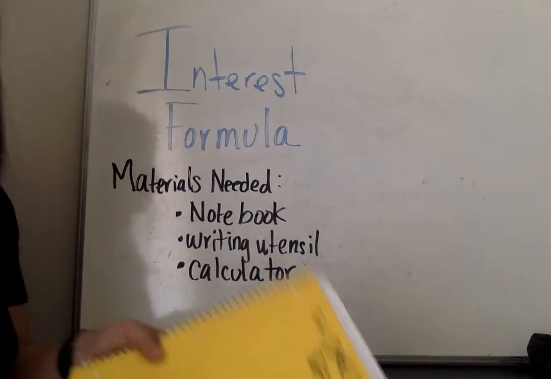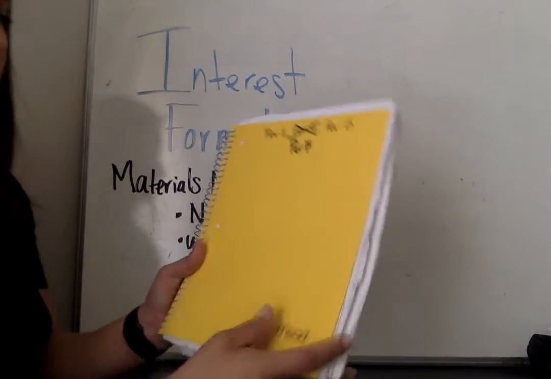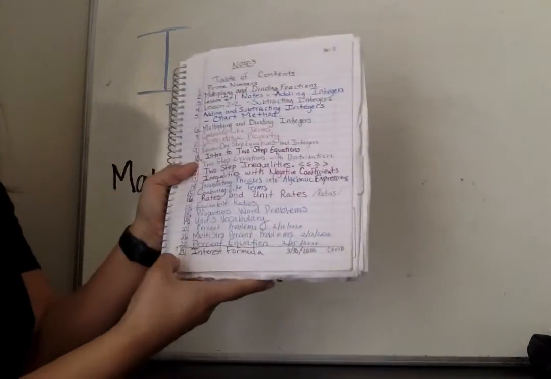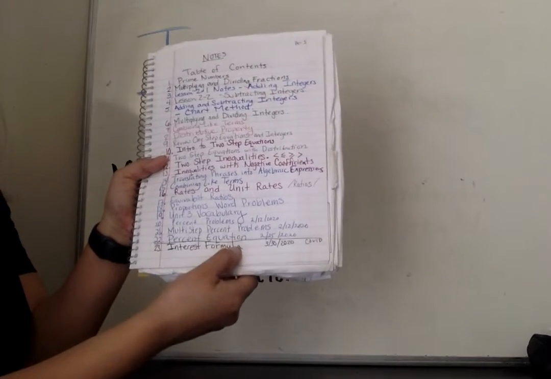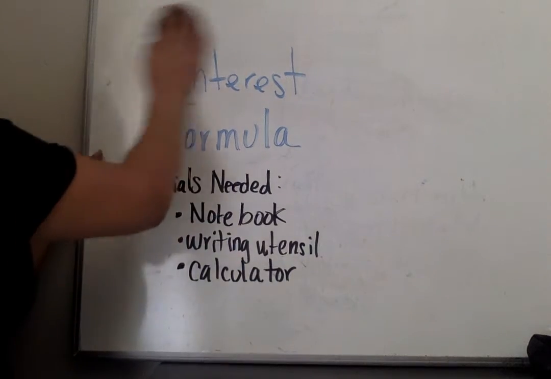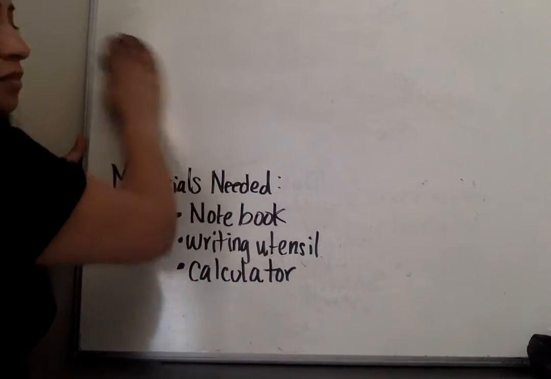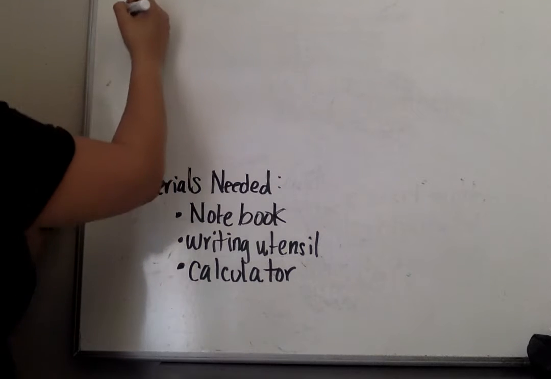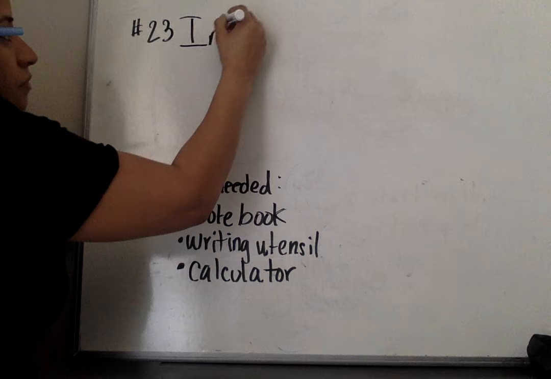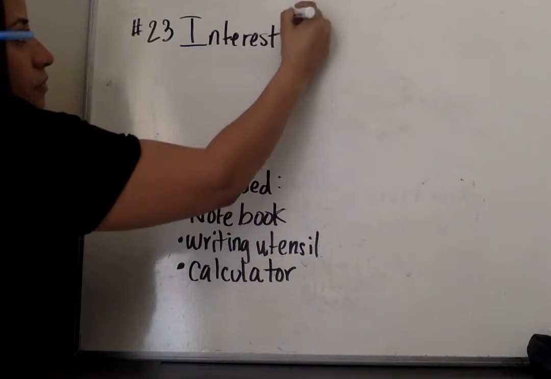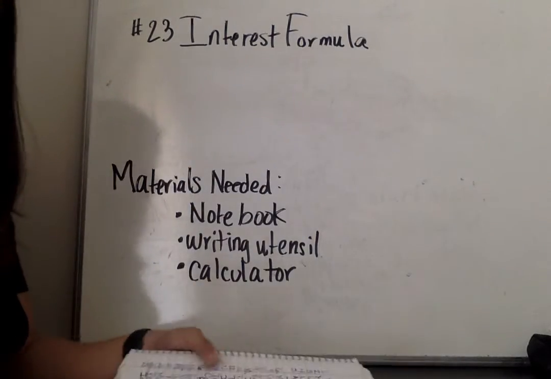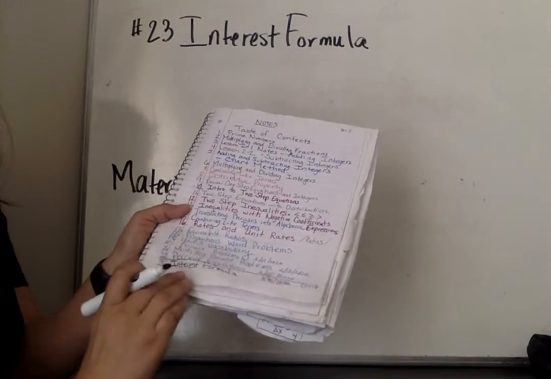Okay, so in your notebook, go to your table of contents, which should be the first page. And for number 23, you're going to write down interest formula, number 23 in your notebook, okay? All right, so again, that should be down here. Number 23, interest formula.